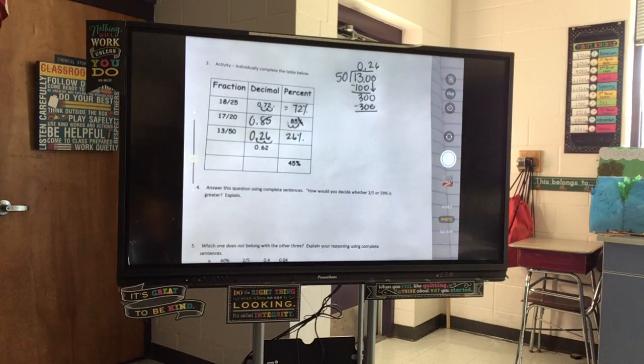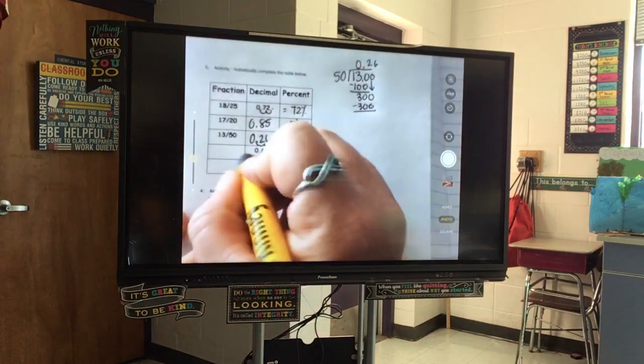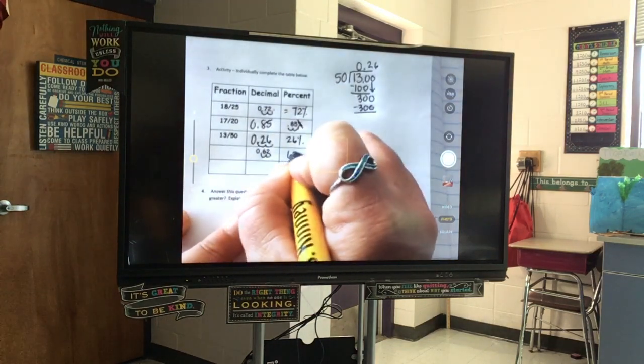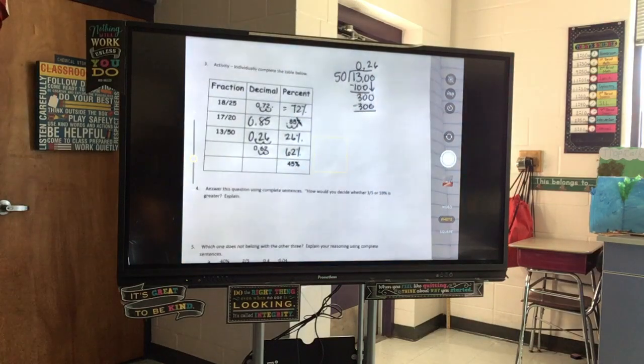Alright, so now we're only given the decimal. So one of these is going to be really easy to do. Which one's really easy to do? Sophia? Alright, tell me how I find my percent. Okay, so I have 62%, no problem. How do I go from a decimal to a fraction?